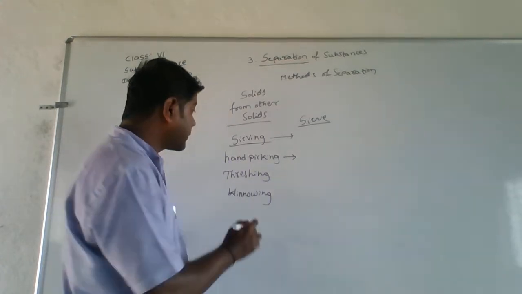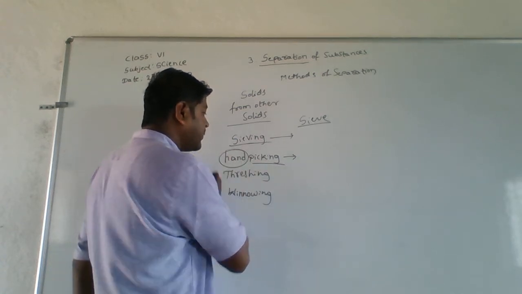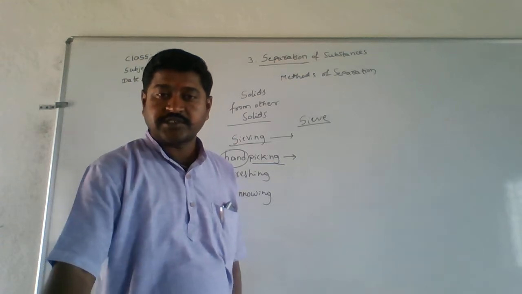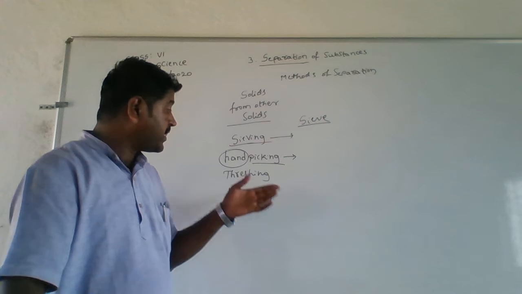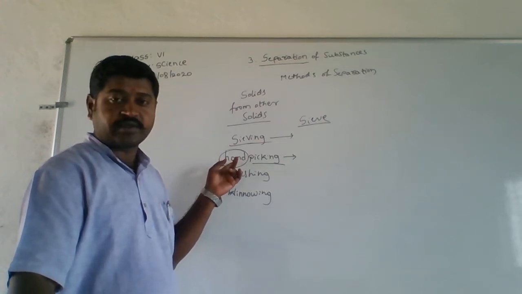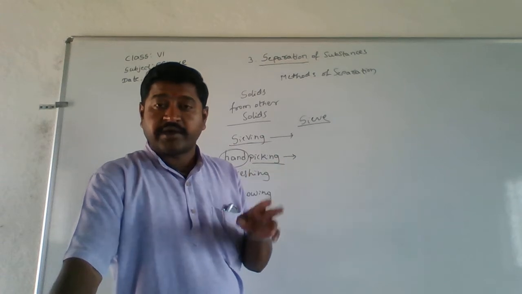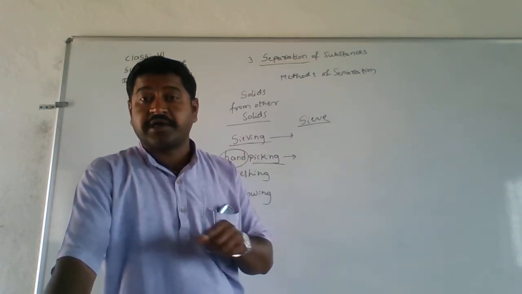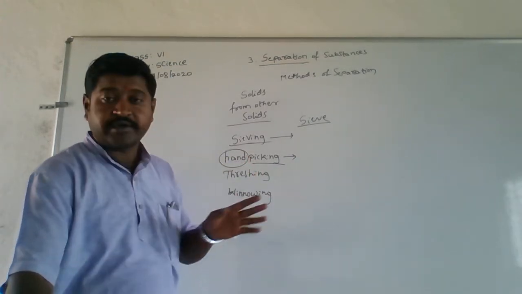So this hand picking itself indicates picking is done by hand, and the impurities are removed by hand. This depends on there being a lesser quantity of impurities in a lesser quantity of mixture. Then only hand picking can be used.